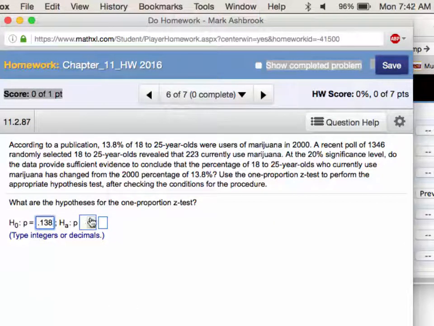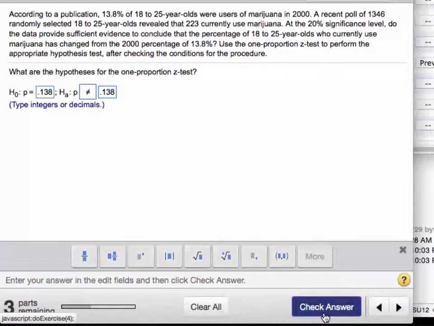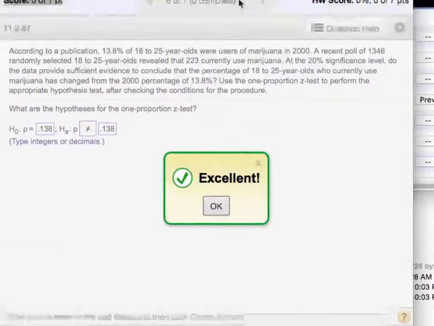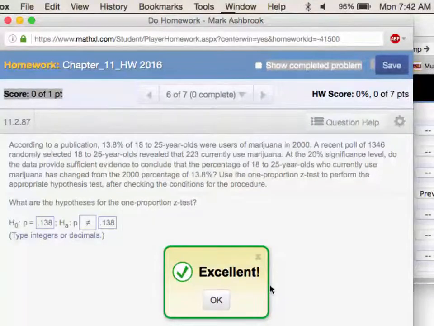And then it says we just want to test, has it changed? So are we going to do less than, greater than, or not equal to? If it's changed, right? Has it changed or not from the 0.138. Question so far?